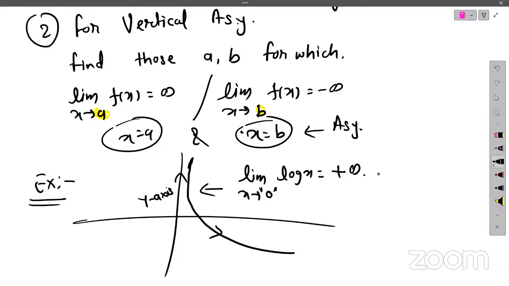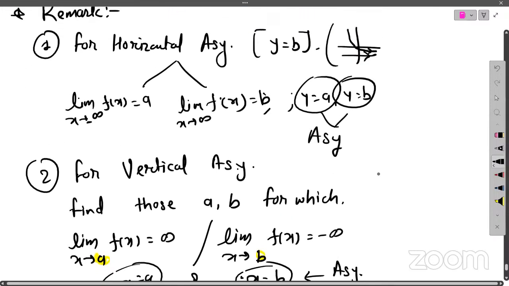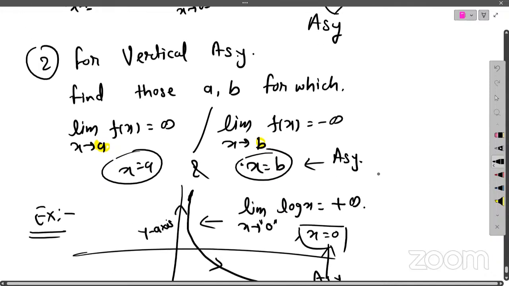That's why x equals 0 is a vertical asymptote. So these are the two cases, for horizontal asymptote and for vertical asymptote.